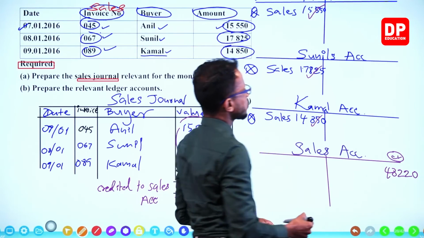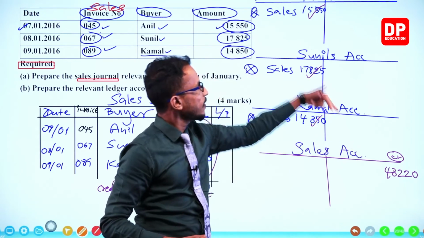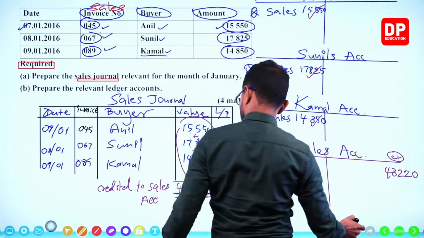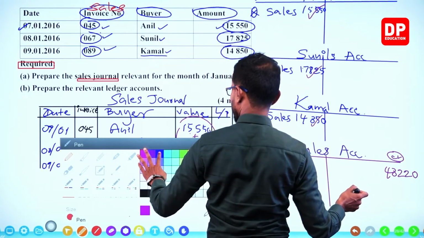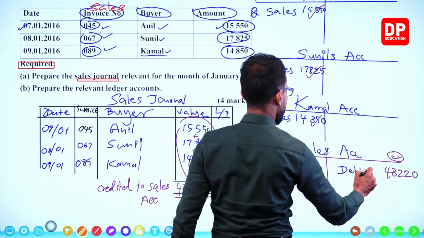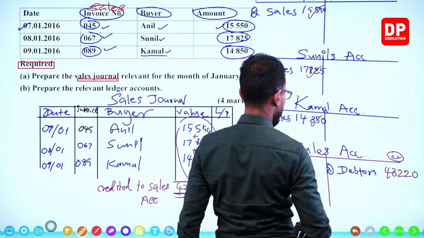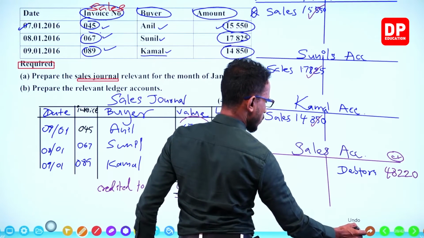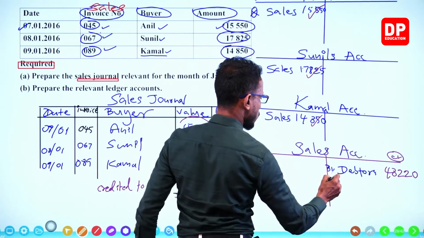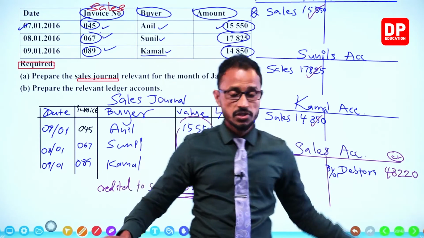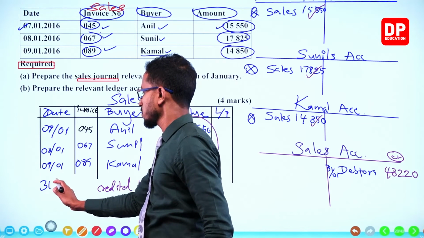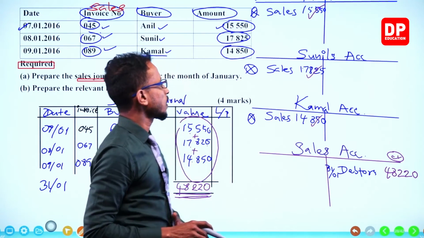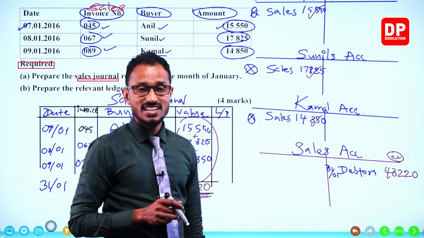That should be credited. That's when the double entries get balanced. Description is debtors. Mention the date, the last date of the month, 31st January. Finished. That's how we do the sales journal with the relevant ledger accounts.